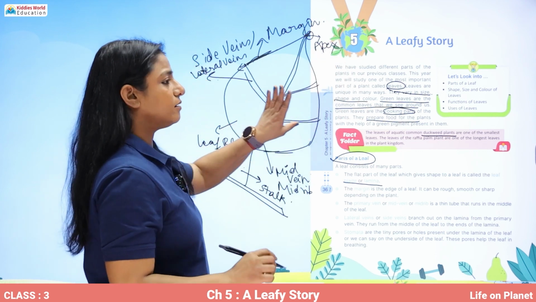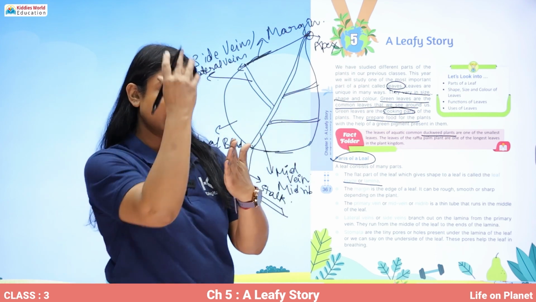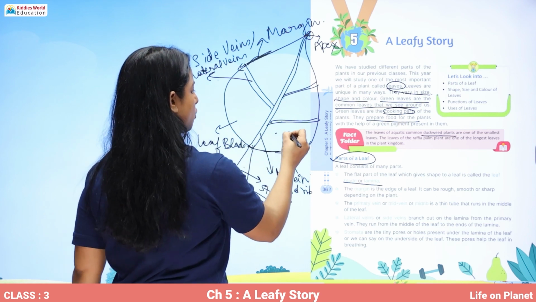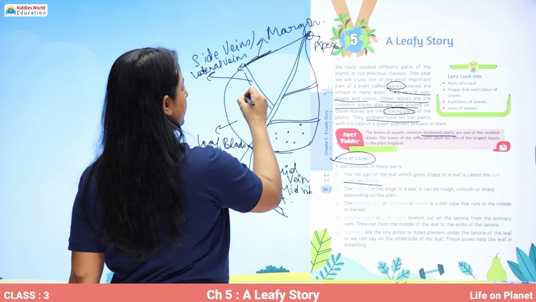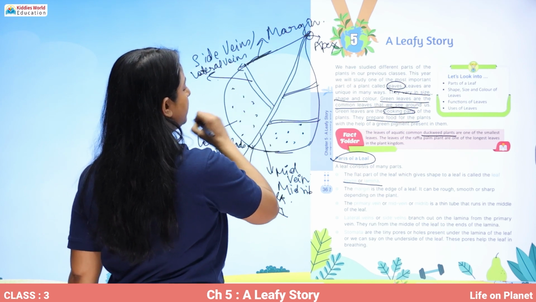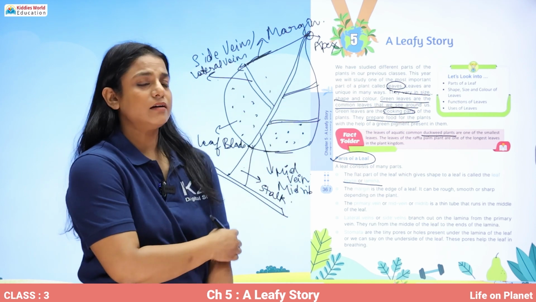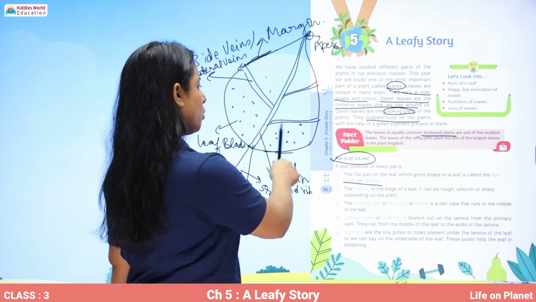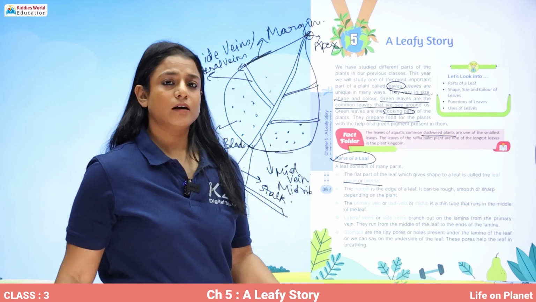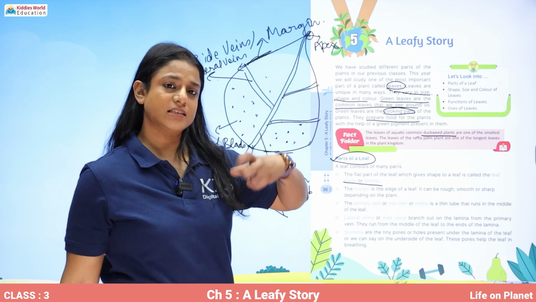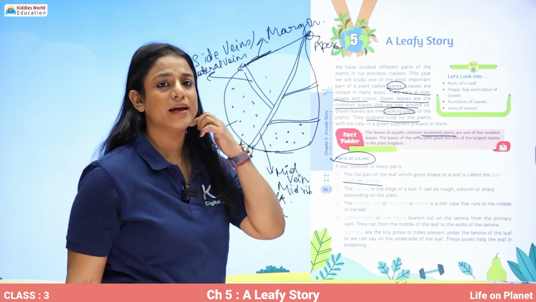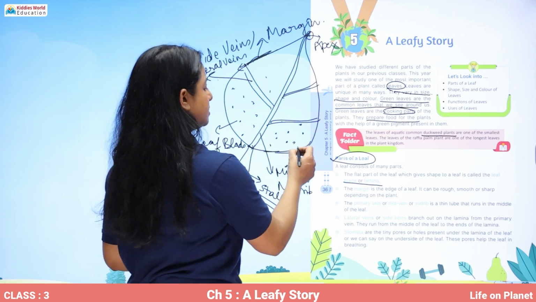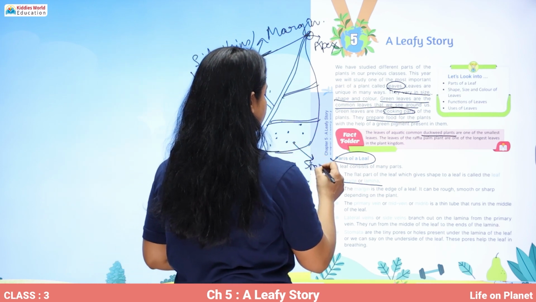Now, when we turn this leaf to the back side, there are small pores present on the leaf through which the leaf actually breathes, and through these pores only the air is absorbed by the plant and the leaves are able to make their food. These are called stomata.